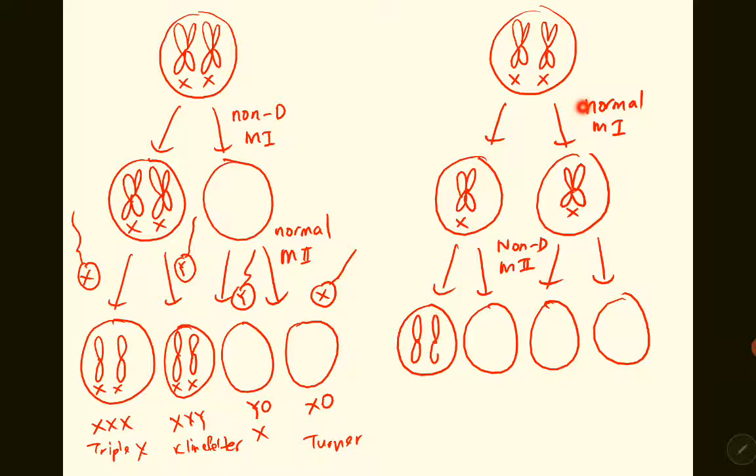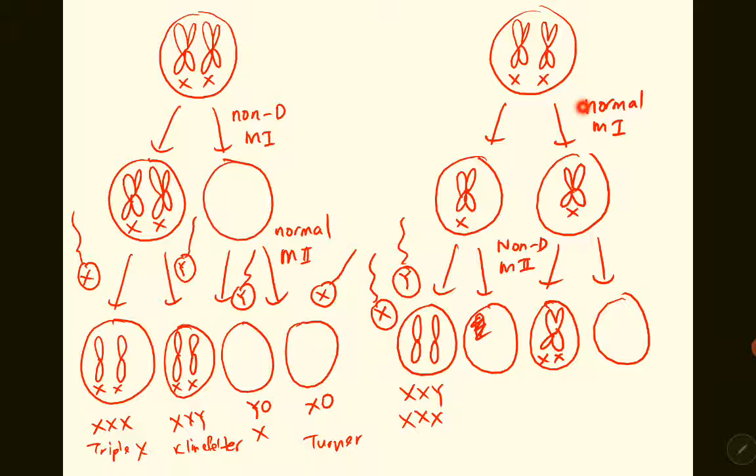So now both cells have X. Okay, sorry, this one has empty. This one is X. Okay, XX also. So now when the Y fertilizes, it becomes XXY, or when the X fertilizes, it becomes XXX.